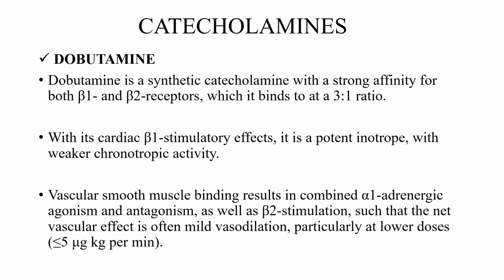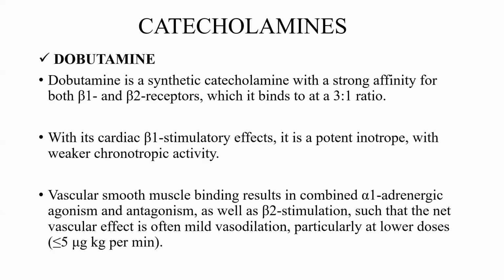So it has more beta 1 stimulatory effect, and it's a very potent inotrope. It tends to be the drug of choice in the majority of shocks, cardiogenic, and it's also a very good drug to use in septic shock.